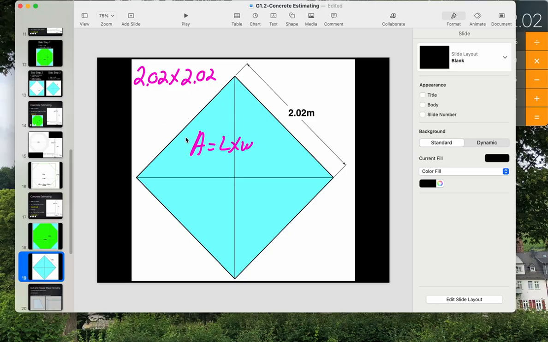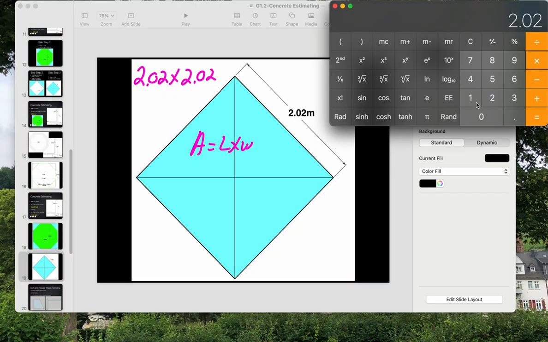So 2.02, why don't I keep doing this for you guys? 2.02 times 2.02. Okay, so we had a total area for the square of 23.81 meters squared. We're going to go minus 4.08 meters squared.